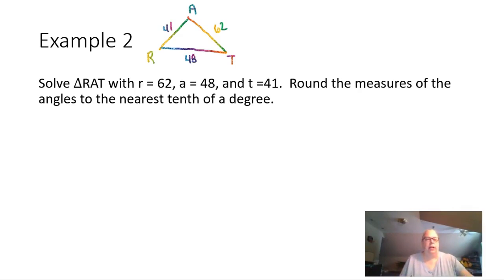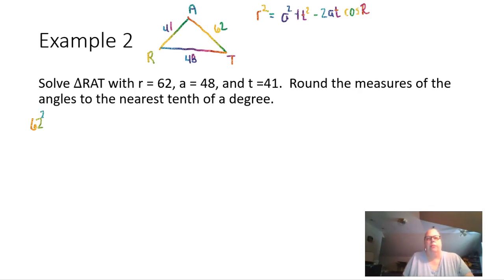This is a side-side-side situation. Because we know all three sides, we're going to have to use the law of cosines. And I guess I'll start with finding out what angle R is. I'm going to use the formula R squared is equal to A squared plus T squared minus 2 times A times T times the cosine of angle R. Okay, let's set this up.